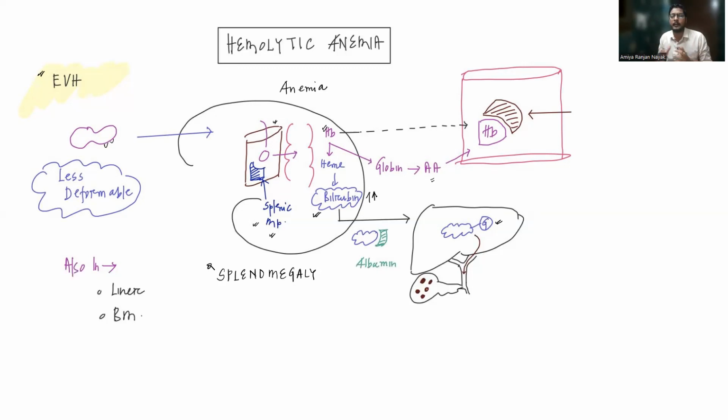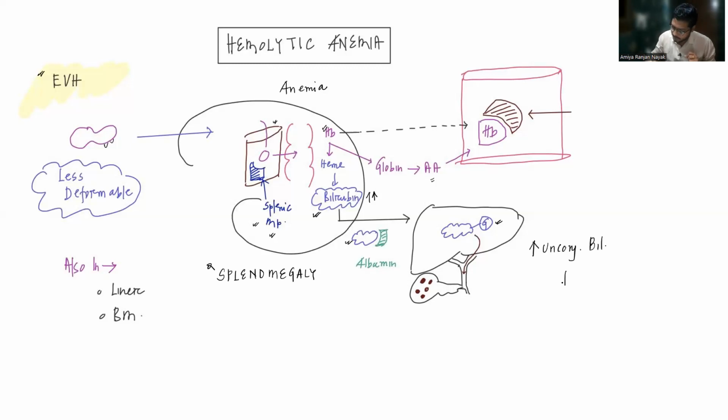This much bilirubin cannot be metabolized inside the liver. Because the liver has limited capacity, once the capacity of the liver is exceeded, there will be increased accumulation of unconjugated bilirubin. Whatever bilirubin we see in the blood is unconjugated bilirubin.